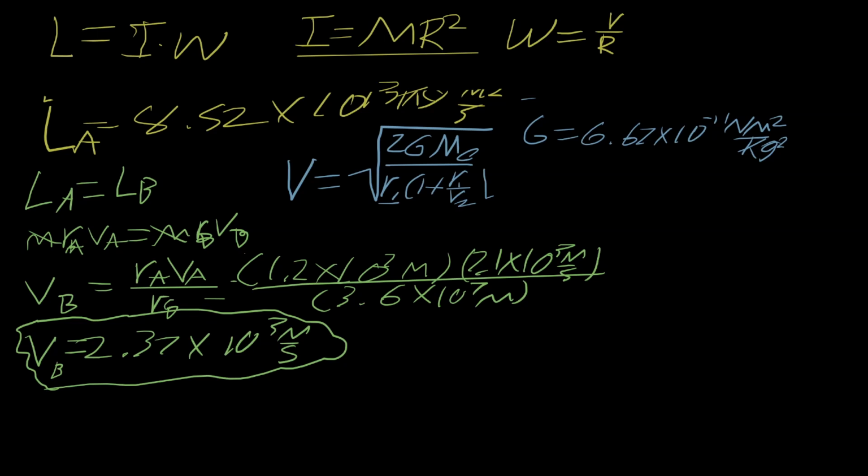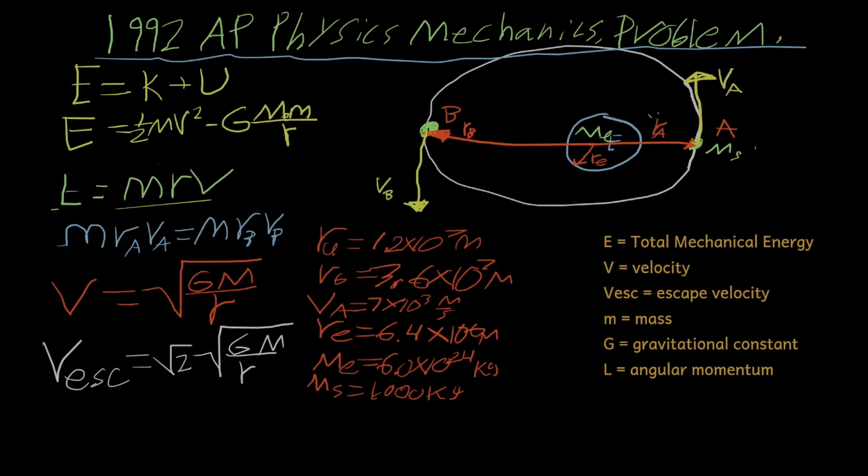Now our next question asks, what is the circular orbit speed? Because in our scenario, the spaceship or the satellite speeds up at point A and gets into a circular orbit and is no longer in an elliptic orbit.